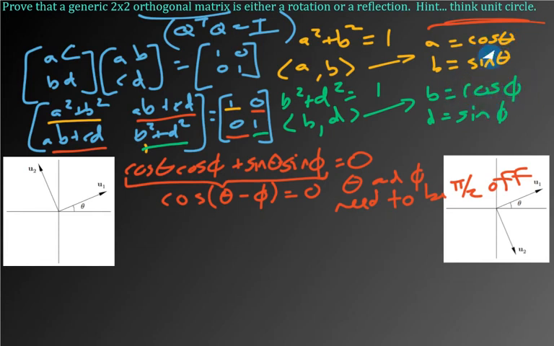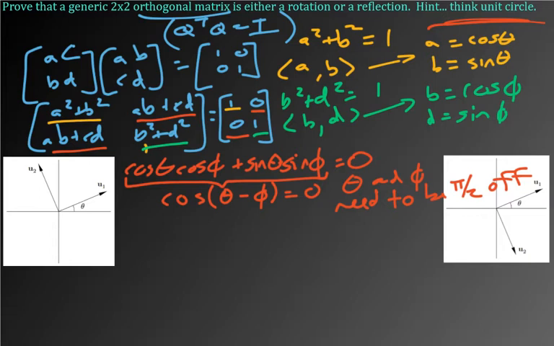Sine and cosine are off by pi over 2. So instead of working with cosine of phi, you can let B equal sine of theta. Now everything is in terms of theta, and you need to shift the other one also to be pi over 2 off. It turns into cosine because it was sine before, so you shift it back to cosine.